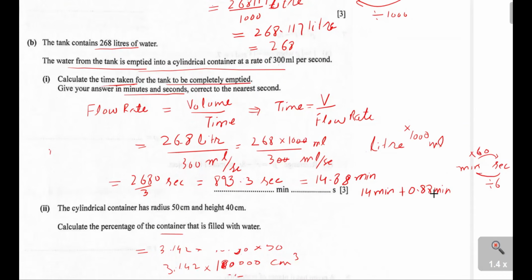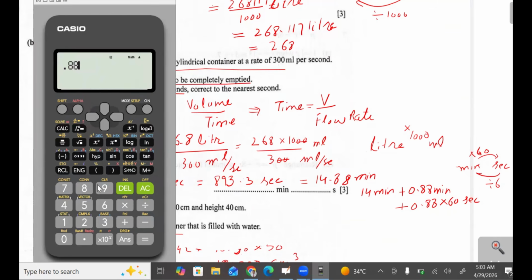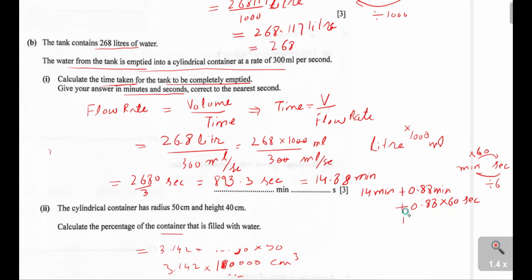Therefore, we multiply 0.88 by 60, and this value becomes seconds. 0.88 multiplied by 60, we get 52.8. We write 53 approximately. Therefore, 53 seconds and 14 minutes. We write the answer: 14 minutes 53 seconds is the answer.